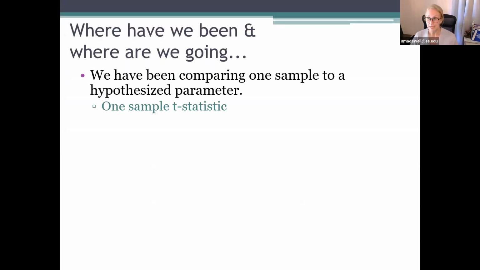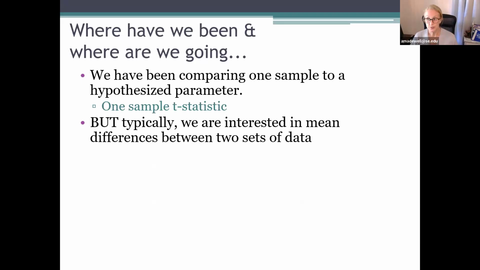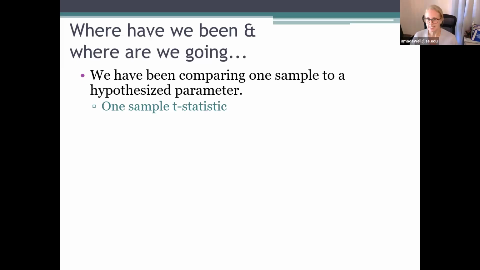So where we have been, what I also want you to do is to read about a one sample t-test today and this week. One sample t-tests are where we compare our data to population data. Population data is very difficult to get unless you're, let's say, a criminal justice graduate and you work at a prison.